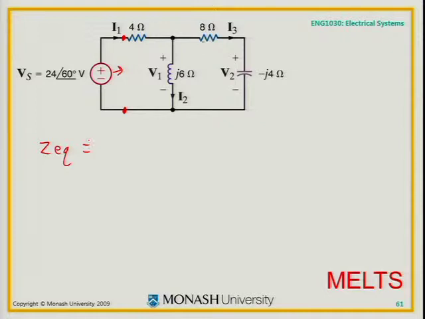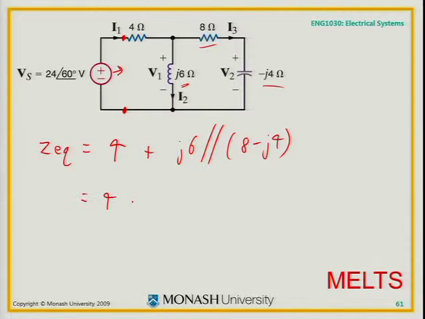What can you tell me about the 8 ohm and the minus J4? They're in series. And what are they with this inductor? In parallel. And then it's in series with 4. So exactly as you would have for resistors, I could write this as 4 plus J6 in parallel with 8 minus J4. And it's the same formulas for combining. So this would be 4 plus, when I've just got 2 in parallel, it's the product on the sum.